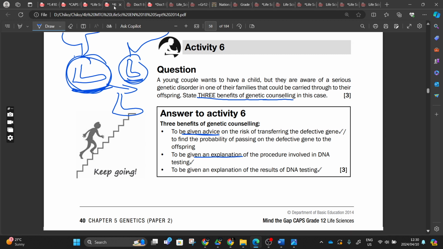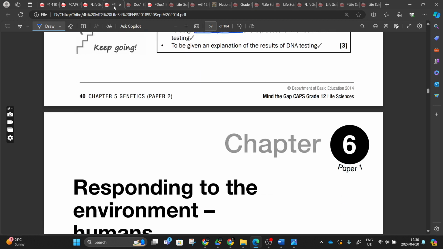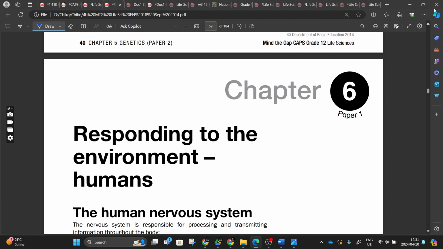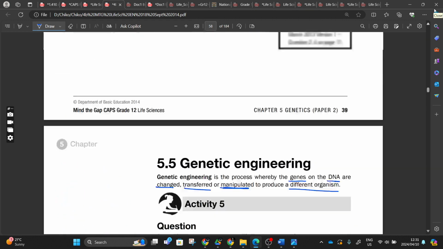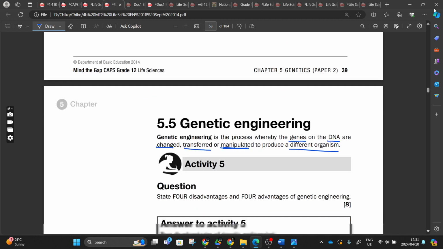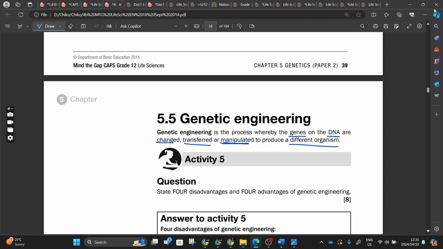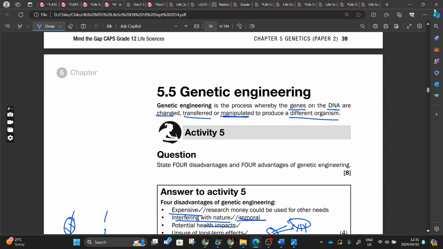We are just passing by here, right? Hence you can see that I'm speeding. So after that, we'll be moving to response to the environment by humans next week, right? So here, in this chapter, we are done. You see, they didn't even include sperm cells, and they didn't even include cloning and recombinant DNA, right?